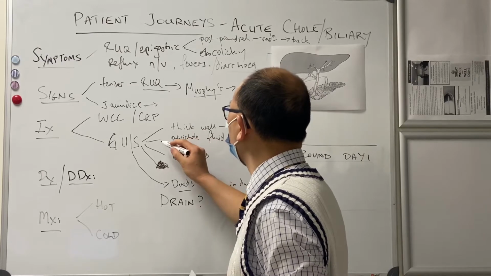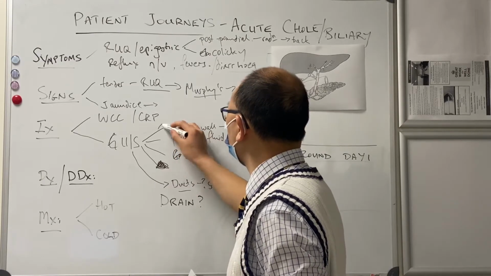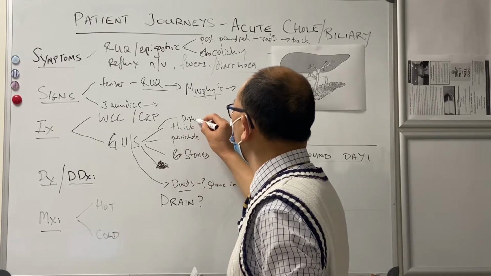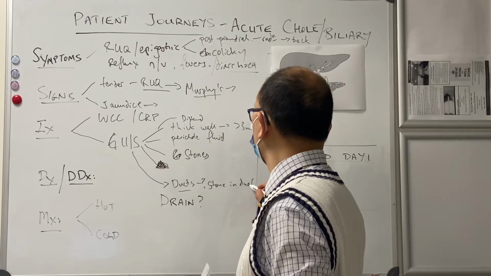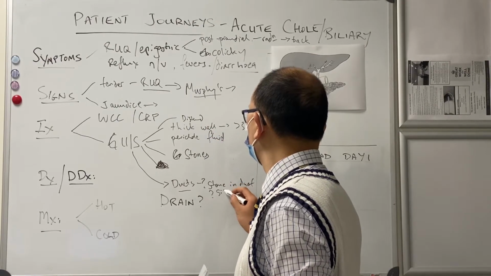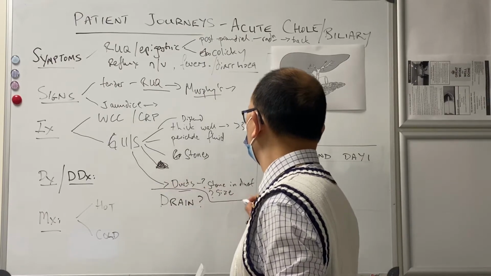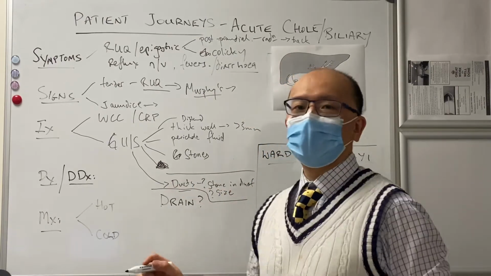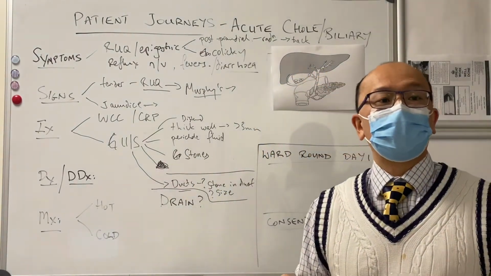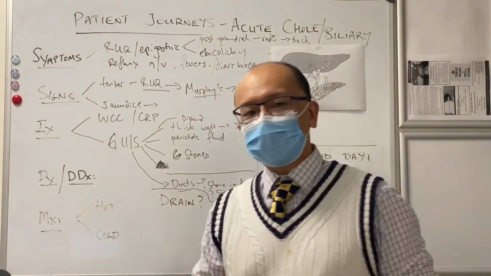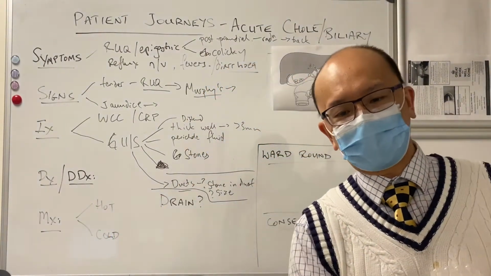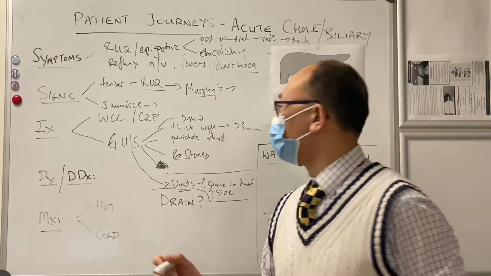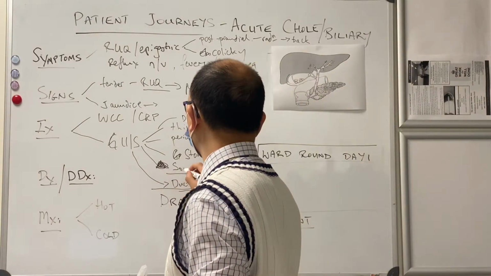Yeah, a thick wall, distended gallbladder, plus a sonographic Murphy's. They can stick the probe exactly over the gallbladder and push on it and see whether the patient reacts. So a sonographic Murphy's is very important.